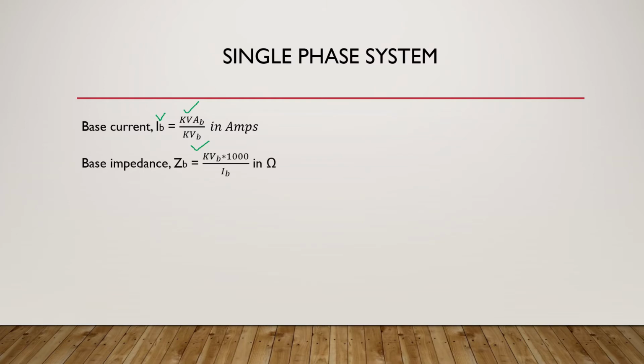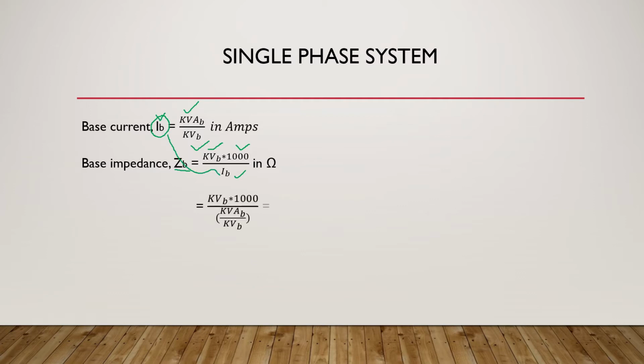From Ohm's law, impedance is voltage by current. I want my impedance in ohms, so multiply that by 1000. Simply we get impedance in ohms. It can be further simplified because I know the expression for current. So substitute this IB here.